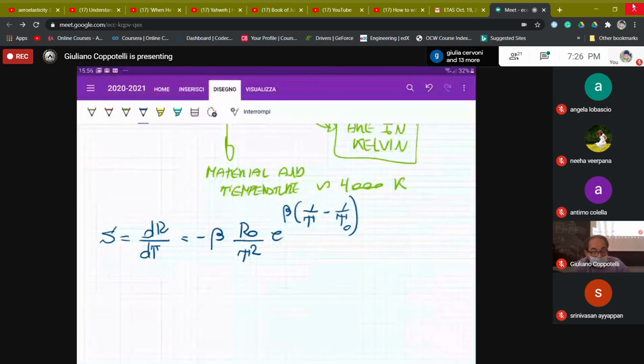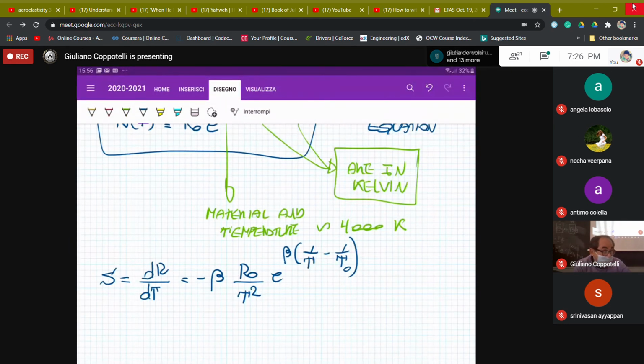Now, because this sensitivity is negative, we have a negative change of resistance with an increase of temperature. So we can also think to use such a transducer, this thermistor, as a compensating electrical device.